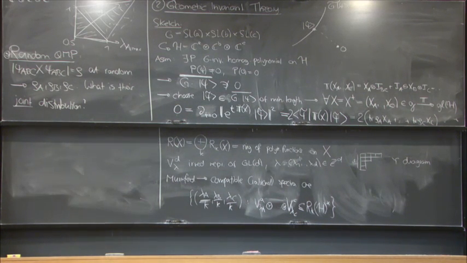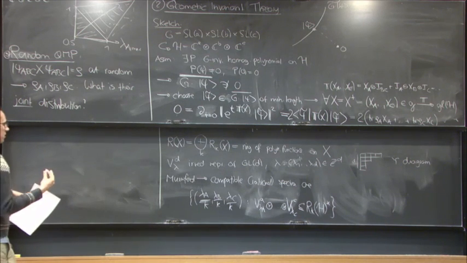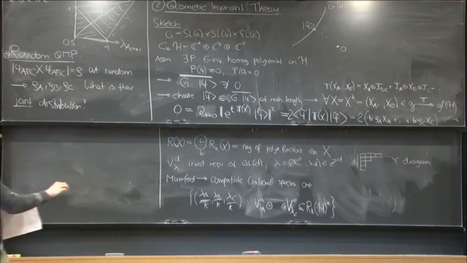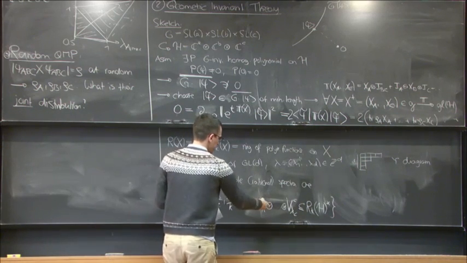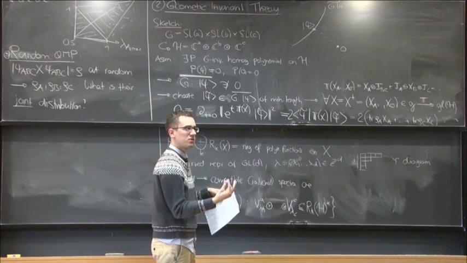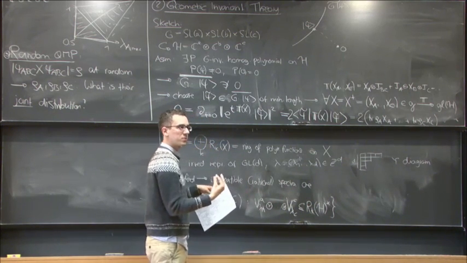So the upshot is that the set of rational spectra for which there exists a global pure state is precisely equal to the following set. Look at the irreducible representations on the degree k polynomials of your Hilbert space.